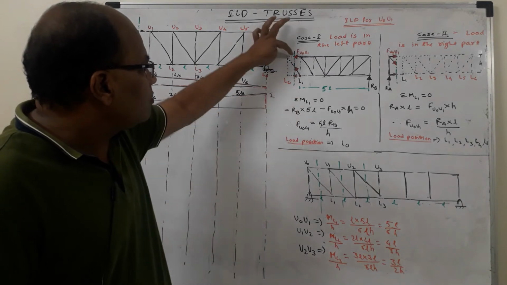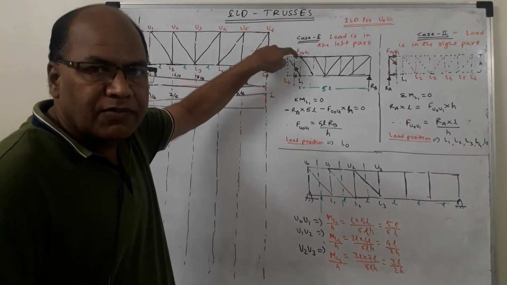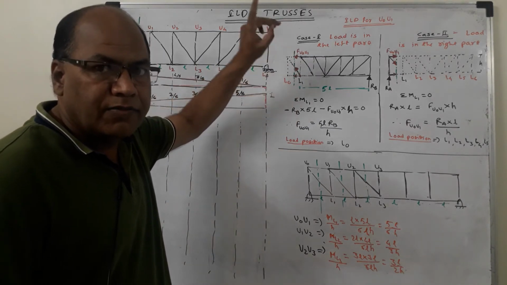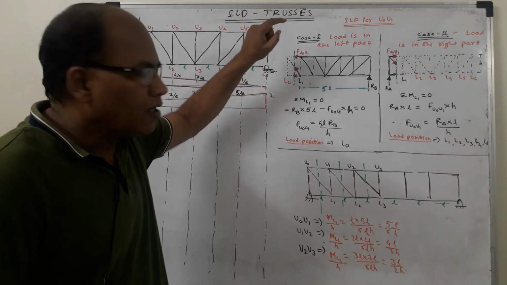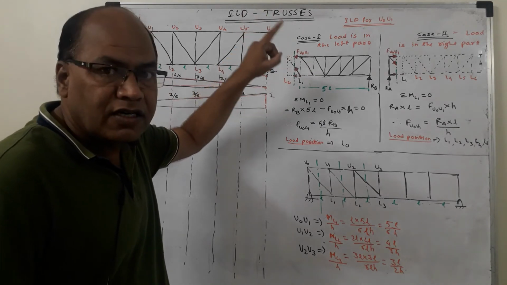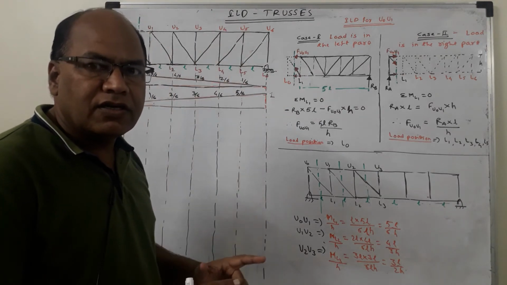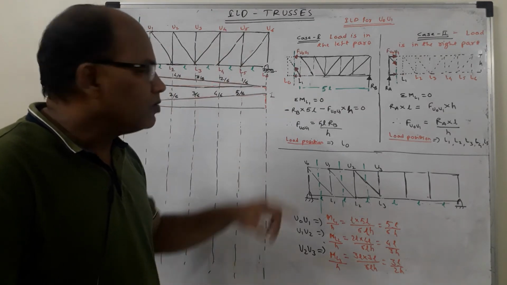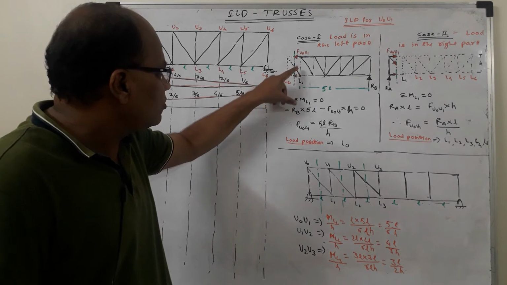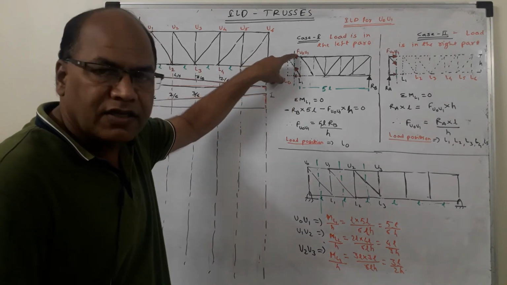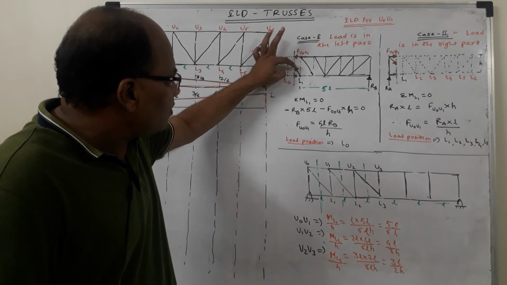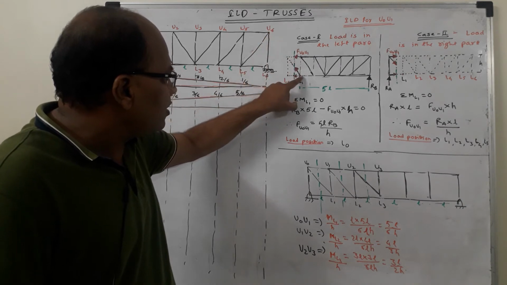Now when I want to get the force in this member U0, U1, remember the procedure of the method of sections. When you want to get the force in a certain member, forget about that member and concentrate on the remaining two members. So I am going to concentrate on these two members as I want the force in this member. Check whether these two forces are meeting at a point or not.